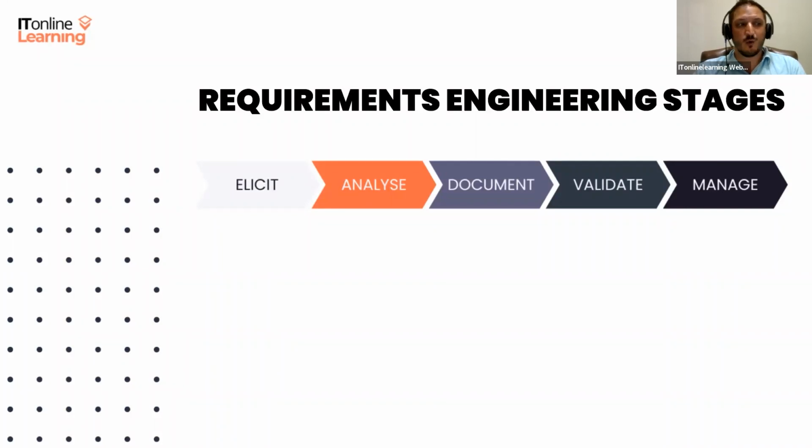We're going to be looking at all of these 5 stages. Ultimately, all of these aspects of requirements engineering are needed to define requirements for a system effectively. So let us have a quick look at each of these aspects to deepen our understanding of it.